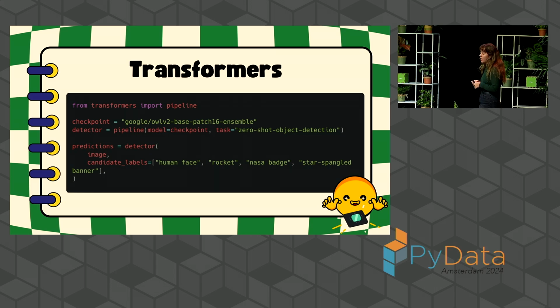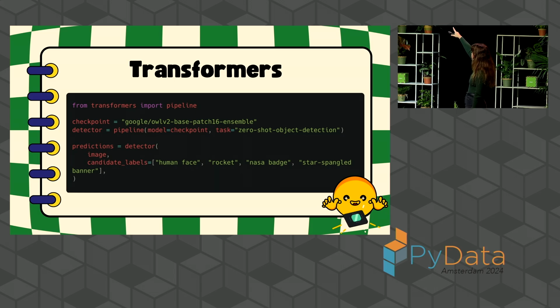And for pipelines, I wanted to show you, pipeline is actually one line of code initialization for this whole processor, post-processor, decode, all of them in a box. It's a super nice abstraction.